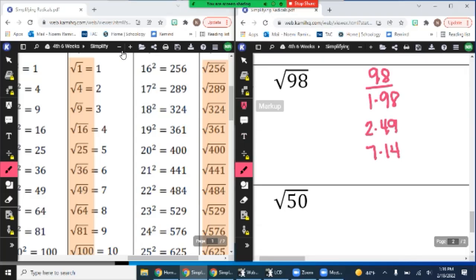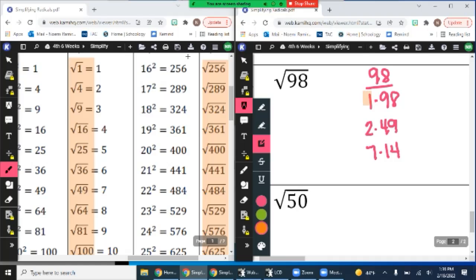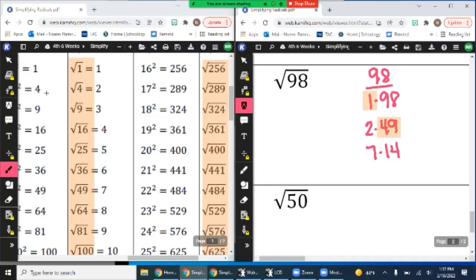Okay. Which ones are my perfect squares? I'll pick 1, 2. Are you sure? It's not 2, but it is what? Which one is? You see 49 right here? Okay. So 1 and 49 are both on that list.